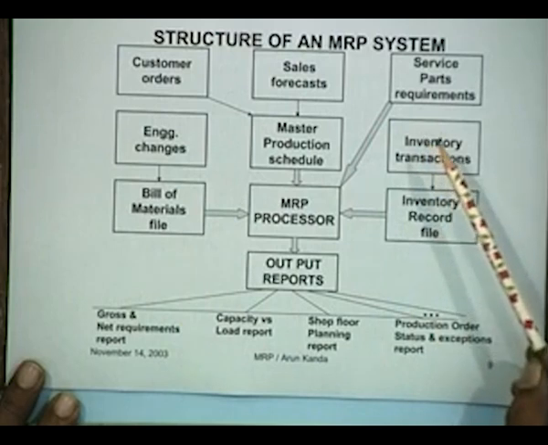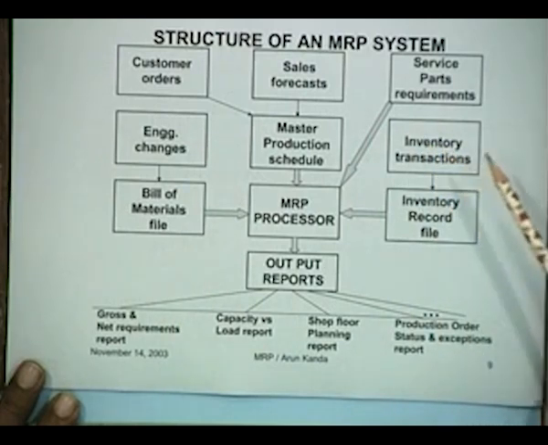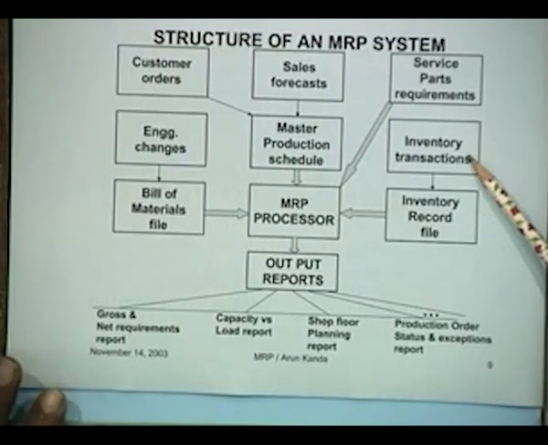And of course the third thing that we have is the basic inventory transactions. Inventory transactions would mean, this is like an accounting system. It's like your bank account. You take out so much money, you put in so much money, and therefore this is available to you at the end of this account. So similarly, inventory transactions show that as far as a particular raw material is concerned, you have so much in hand, and then you issue 50 tires, and then you probably buy 20 more tires.